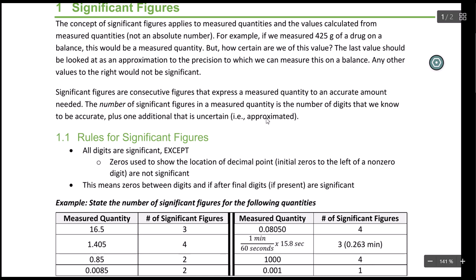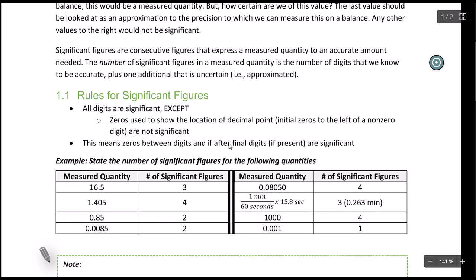So there are rules for significant figures, and to make your life easier, every single number is a significant figure. The only time something is not a significant figure is right here: a zero that shows the location of a decimal point.